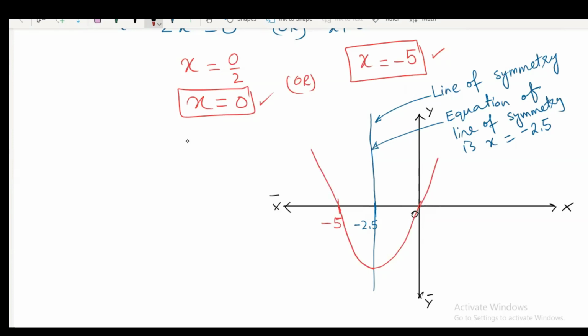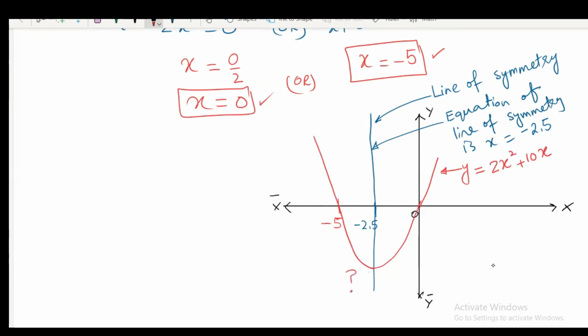This is y equals 2x squared plus 10x. This is a sketch of y equals 2x squared plus 10x. But what about the coordinates of the turning point?